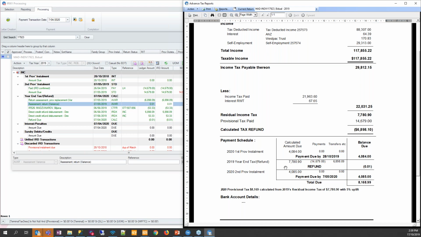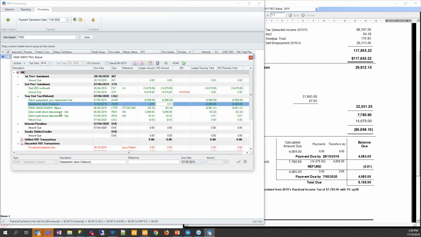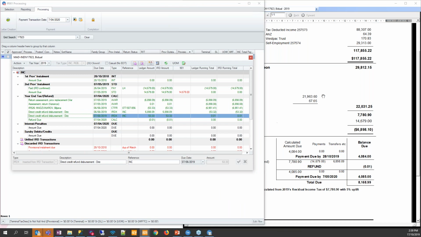Yeah, that's correct. So it's a different calculation. If we took out some of these direct credits and so on that would have come through after the return lodgement, these typically wouldn't have been present at the time of the original tax summary being generated. Then what would have shown up as the balance due would have been effectively reflective of the refund.